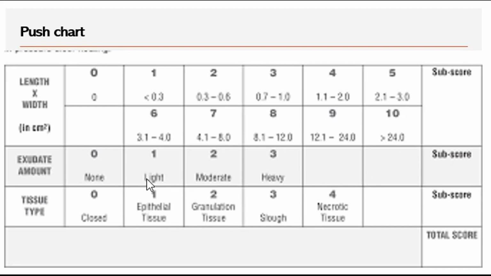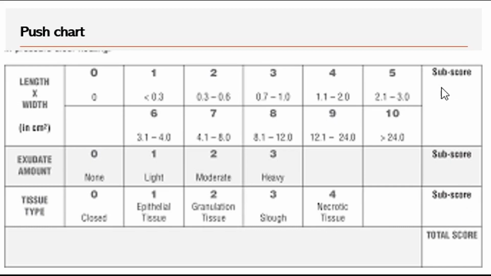If it is light, the sub score will be 1. Accordingly, we write the sub score over here. And for tissue type, we have to check whether epithelial tissue is present, granulation tissue is there, or slough is there, or necrotic tissue is there. That one has scores of 0 to 4. Whatever score we get, we write it over here.